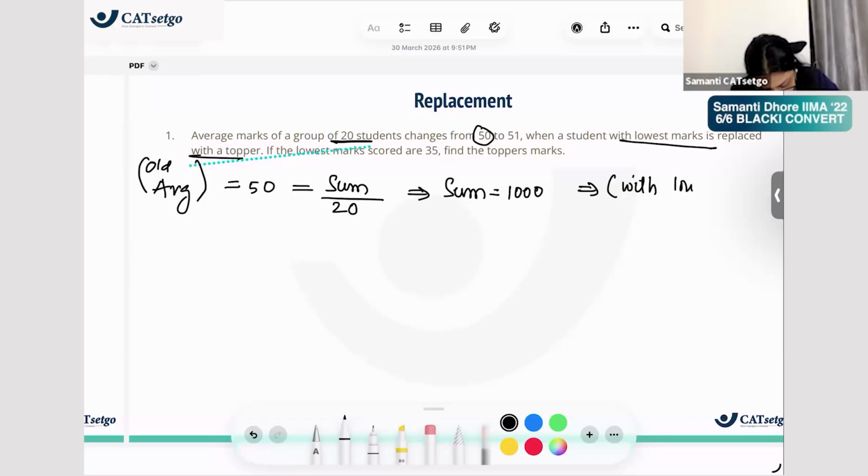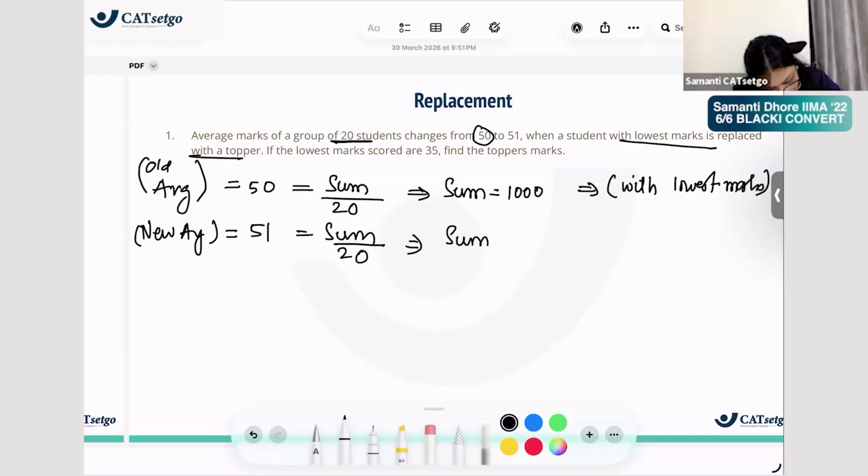With lowest marks. लोएस्ट मार्क्स वाले को ग्रुप पे रखा है. अभी लोएस्ट मार्क्स वाला निकाल दिया और टॉपर ऐड कर दिया, तो new average कितना आया, by 20 people again. So this sum is how much, 1020.